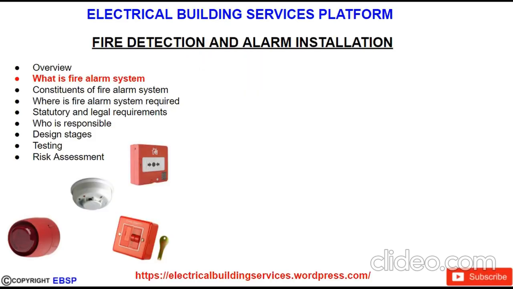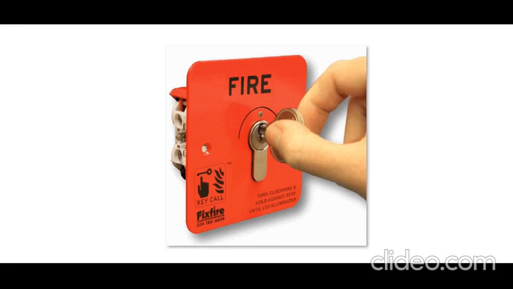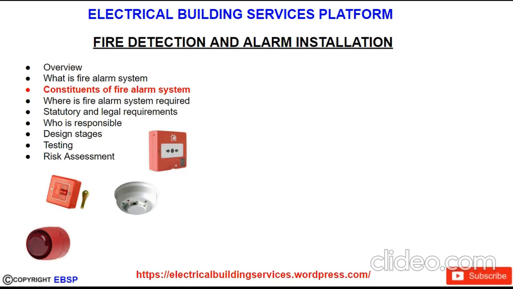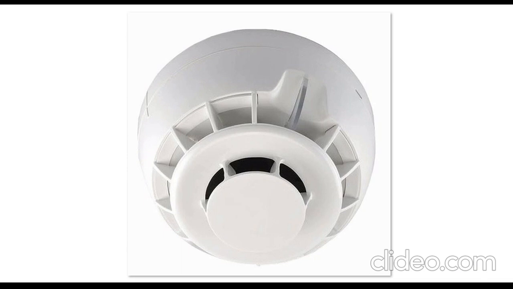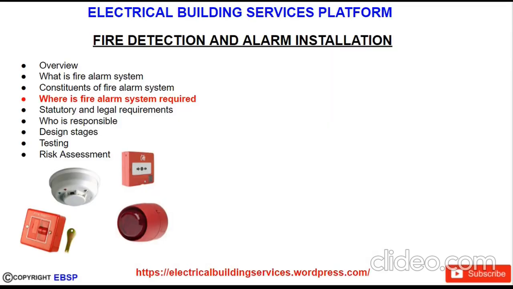A rate of rise detector monitors the heat in the room, and if the heat increases at a very high rate, then the alarm is triggered. So those are the two types of heat detectors.